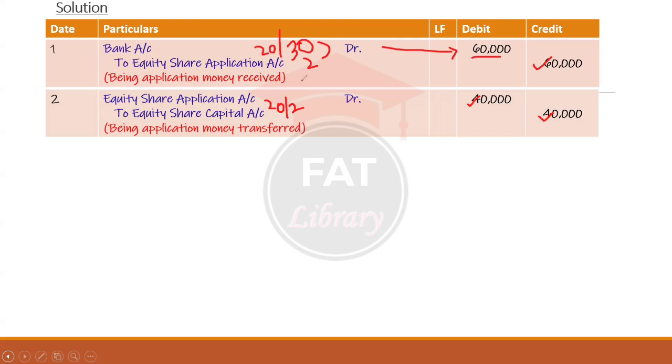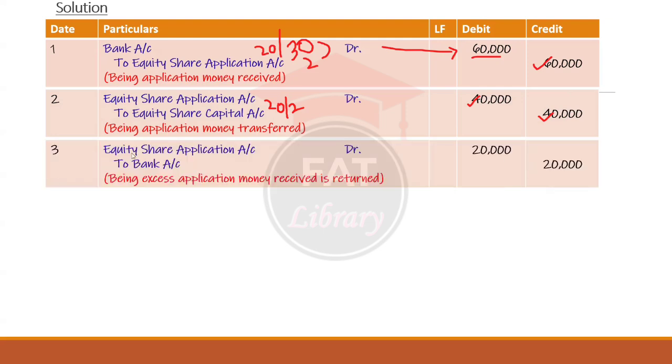The journal entries will be the same as what we have discussed in the last problems. Okay. And as we have that oversubscription, for that we are now writing an additional journal entry for the application stage. This is a journal entry where we are considering equity share application account debtor to bank account. Here you can see 60,000 we have received, 40,000 has been transferred to equity share capital account.